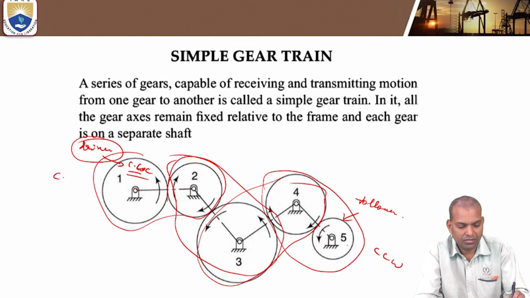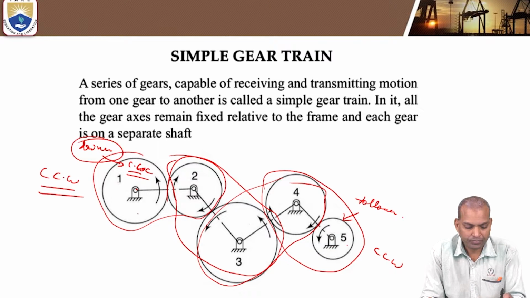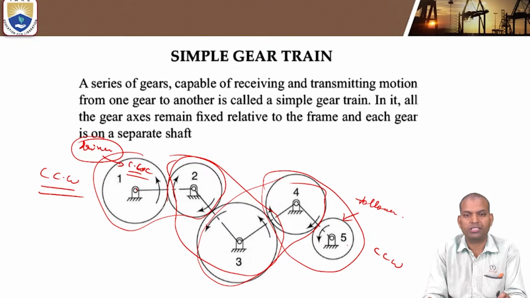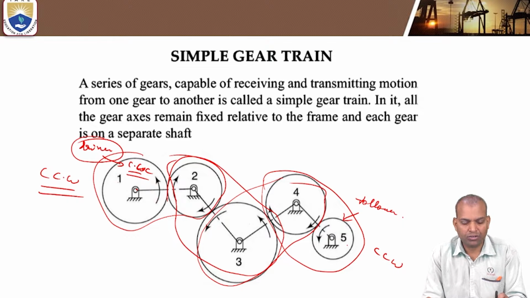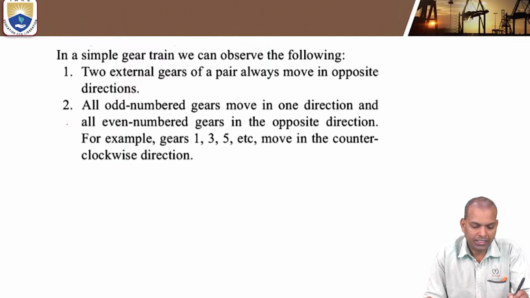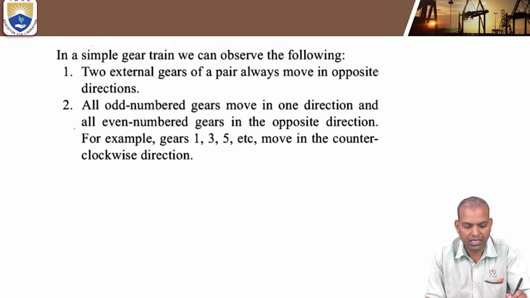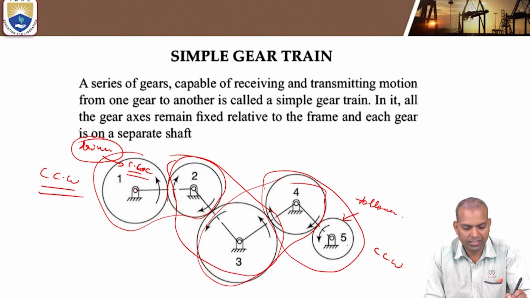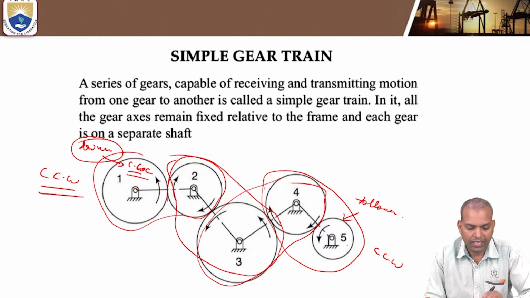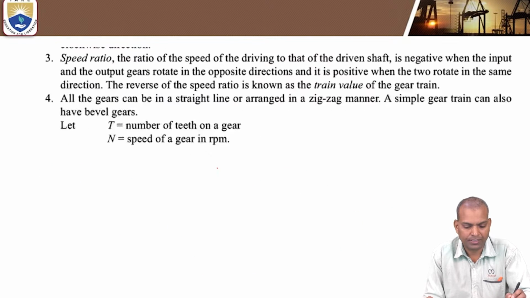So the observation is that two gears in contact with each other rotate in opposite directions. Also, all odd-numbered gears in this train move in one direction and all even-numbered gears in the opposite direction. Here, gears 1, 3 and 5 are counterclockwise, whereas 2 and 4 are clockwise.